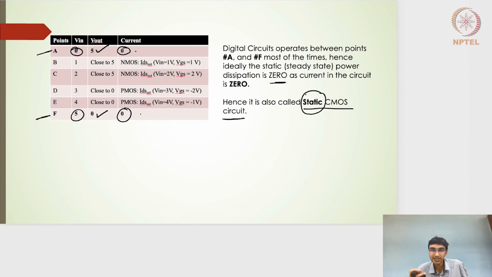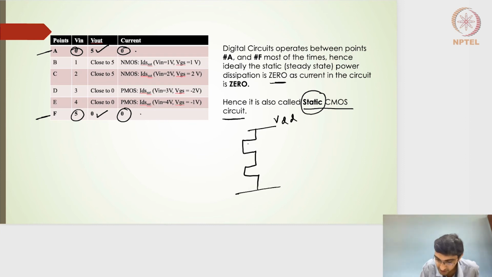We will look into the leakage currents later on, where we will see that even though it is a static CMOS, even in a steady state, there will be some current that is leaking, right? But apart from the leakage current, there is no current that will be flowing. If I draw the inverter here, with the VDD connected, so this is my inverter, right? So there is no direct current which will be flowing from VDD to ground in a steady state, right?